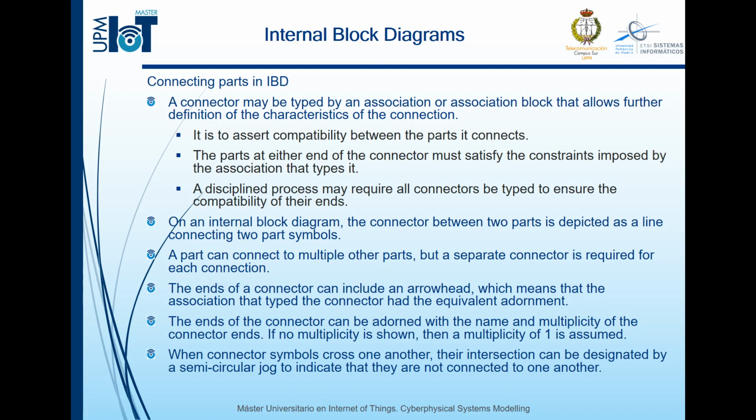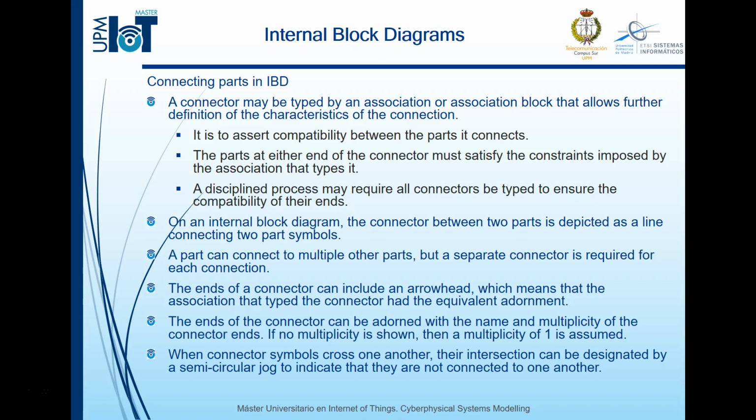Water level is an output from the swimming pool and is an input. Yes? So, we are now talking at two different levels of abstraction. With connectors, we are doing only the connection between the elements. And with flow properties, we are defining the kind of things that can flow from one side to the other side.